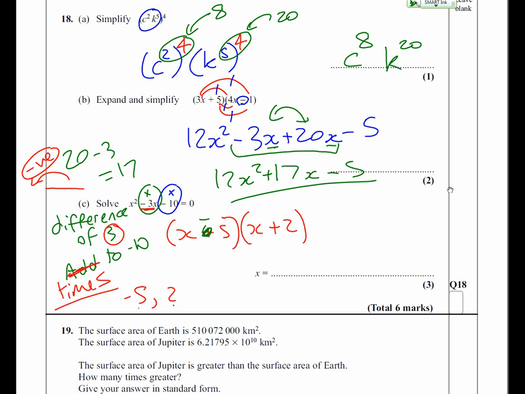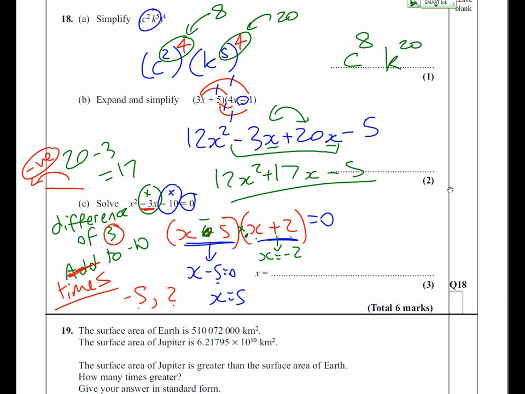Now if you want x equals, you're solving this thing equal to 0. This is two things being multiplied together. So if you want two things multiplied to make 0, then one of them had better equal 0. So you can say x minus 5 is 0, add 5 to both sides, x is 5. A trick that most people actually do here is say it's going to be the opposite, but be careful in case there's a number in front of the x, that's all.